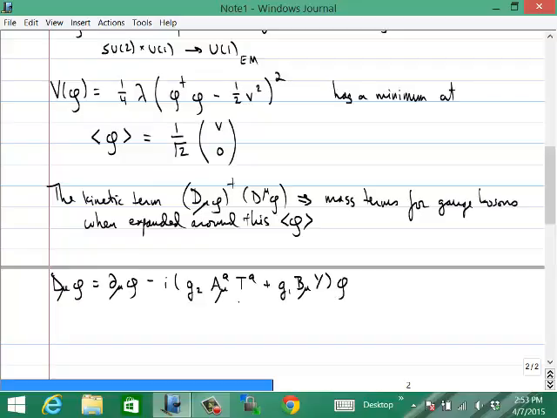Here the T^A are the SU(2) representation matrices for the two-dimensional representation, otherwise known as the Pauli matrices.